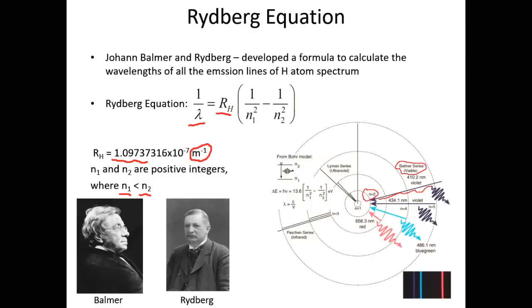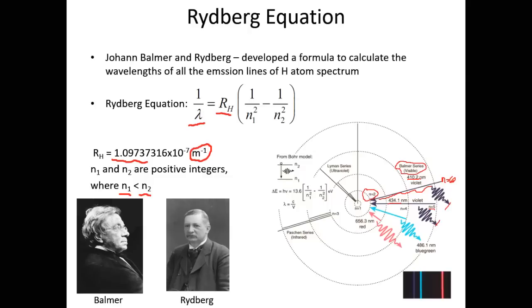So n equals 6 to n equals 2 has a wavelength of 410 nanometers, whereas n equals 5 to n equals 2 is 434. So you see, the smaller the energy level difference, the longer the wavelength. Both of these are violet photons.